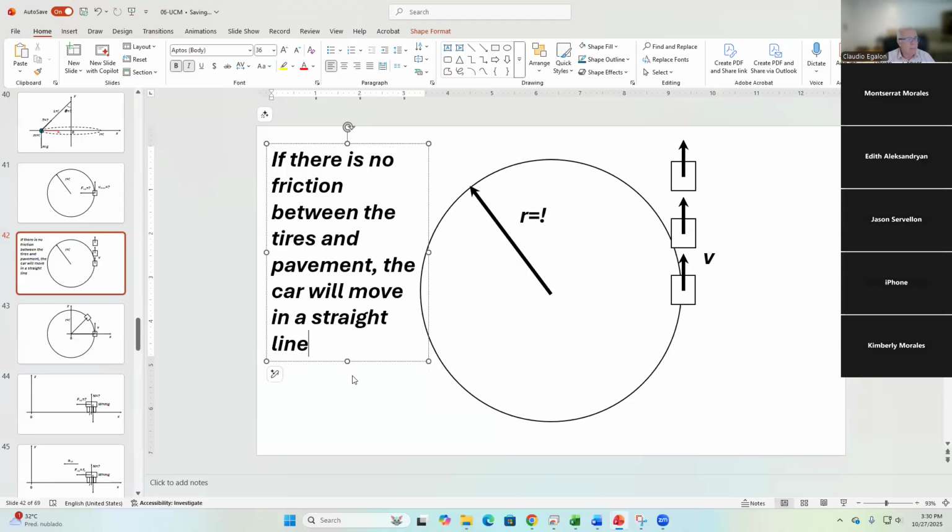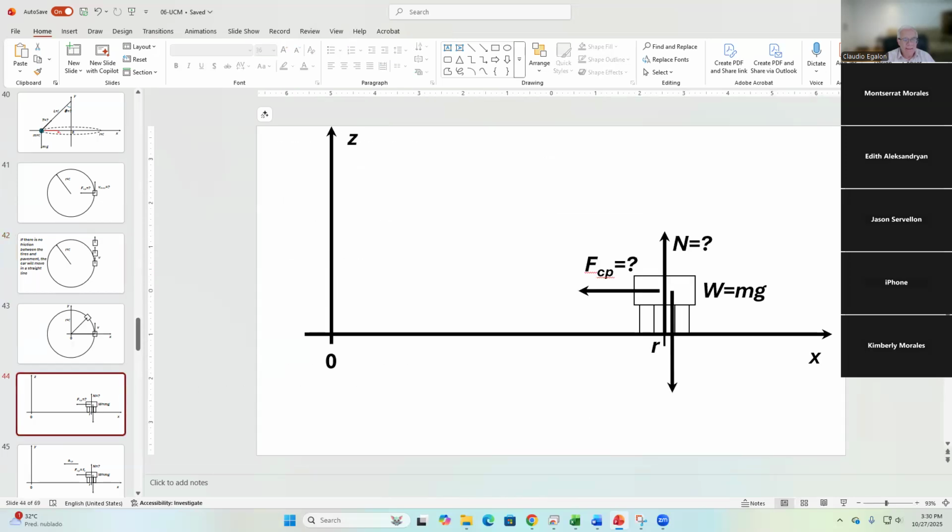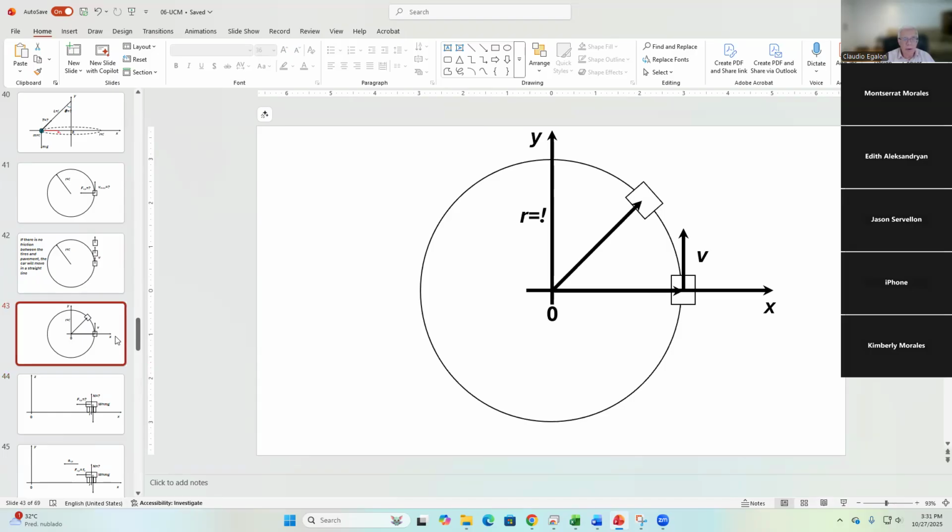That's what's going to happen. But if there is friction, then the car will be able to negotiate this curve.